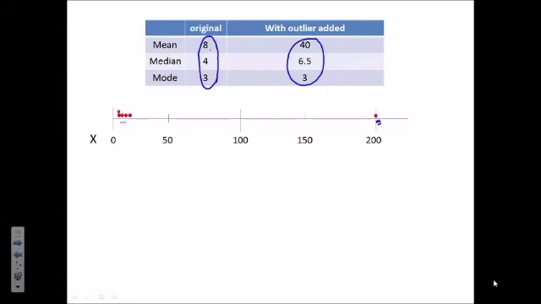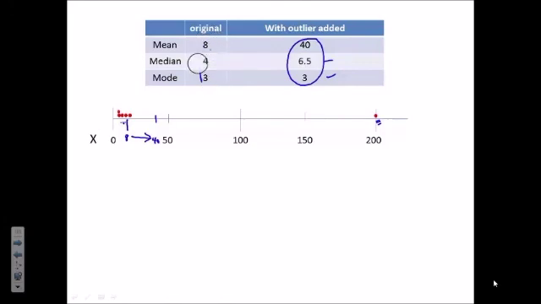With the outlier added, notice the mode and the median did not change much, whereas the mean did move from 8. The mean was here at 8, and now it's going out here to 40. So the mean score moved the most.